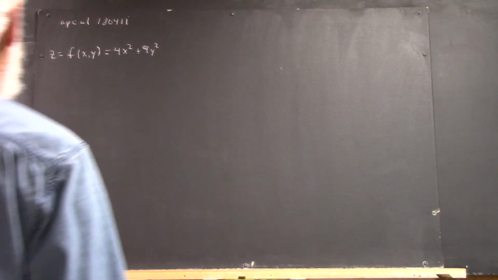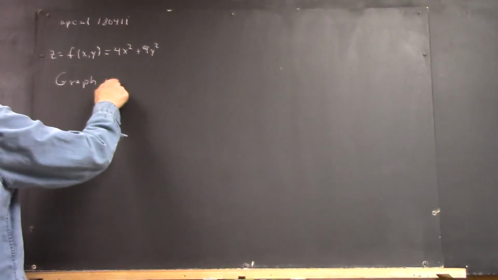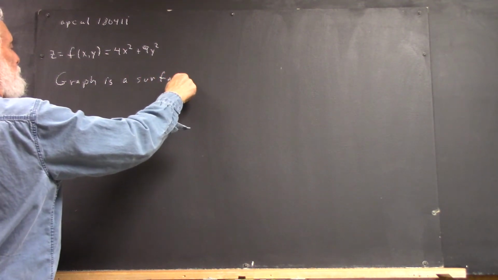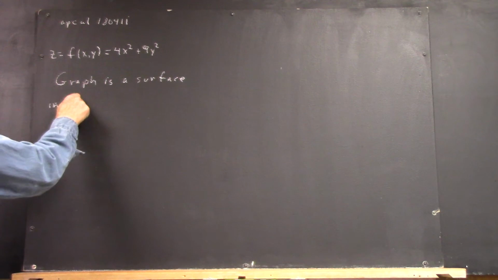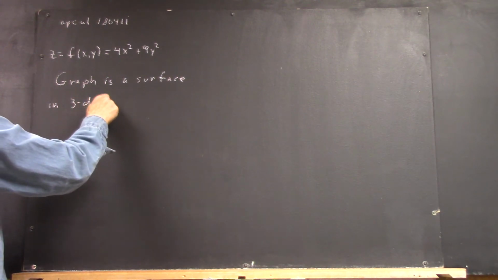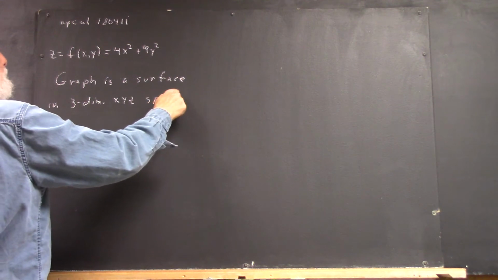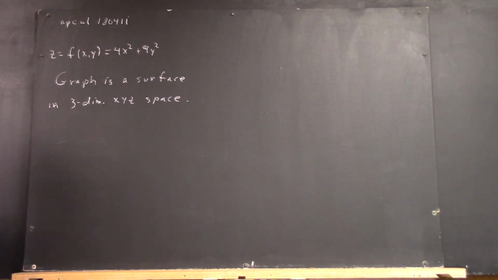So, the graph of this function I'm giving you here is a surface in three-dimensional space. Okay?